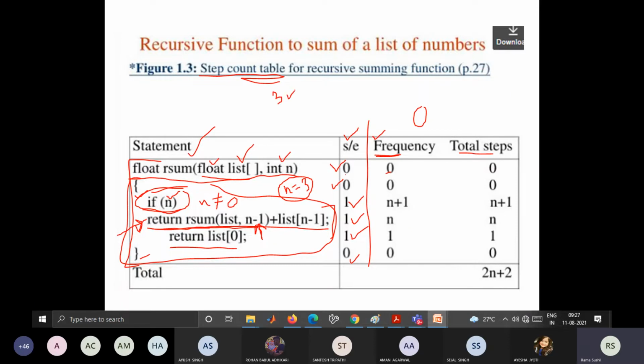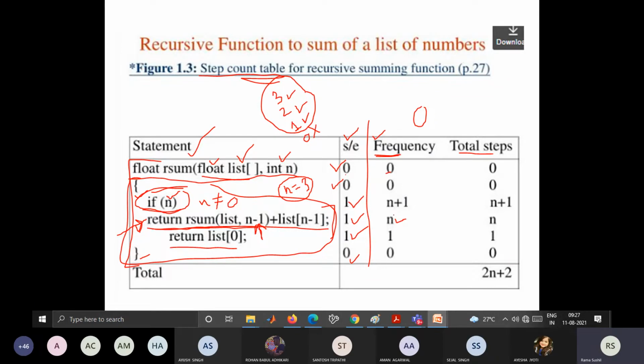Then the next time the value will be 2, of course the condition will be true, it will execute for 2. Then again the value will become 1, it will execute for 1. Then the value will become 0, it will not execute for 0. So the number of executions is 3 when n is equal to 3, meaning the number of times this statement executes is n.